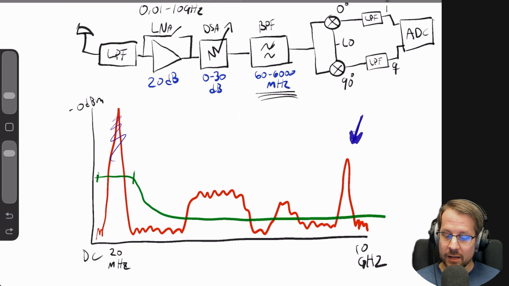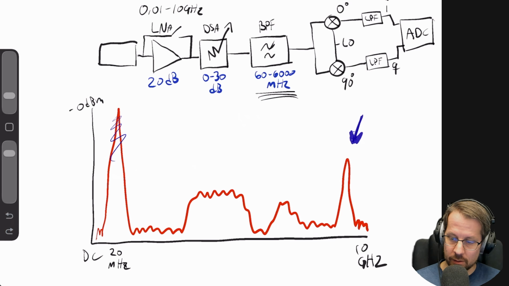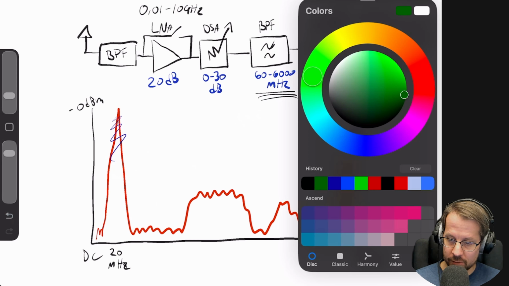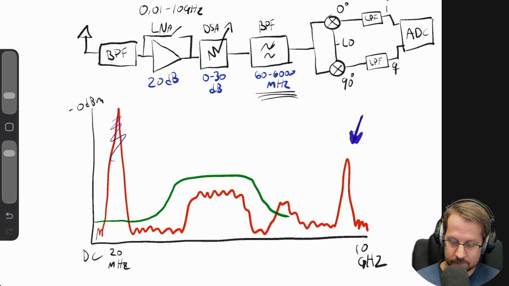And there are many other filters, but one filter that I often use, let's say I wanted to have a band pass filter. A band pass filter can be like this. There.